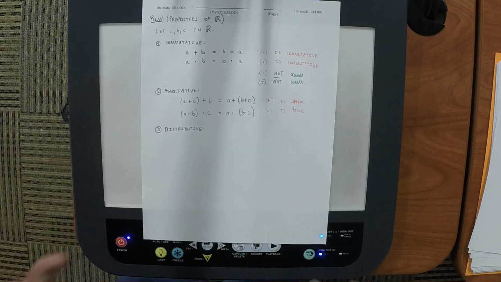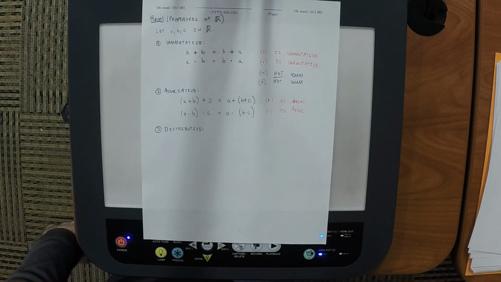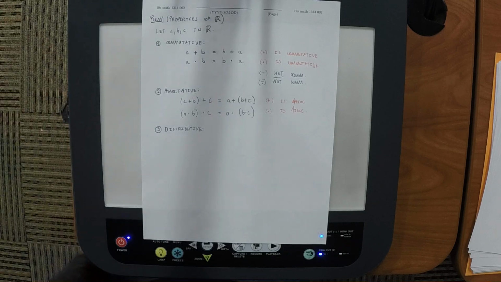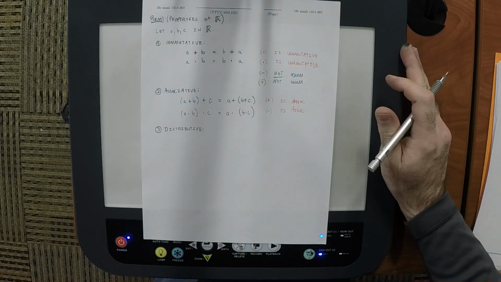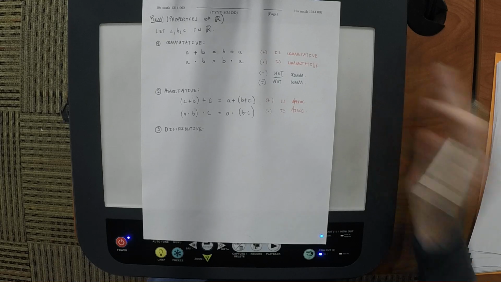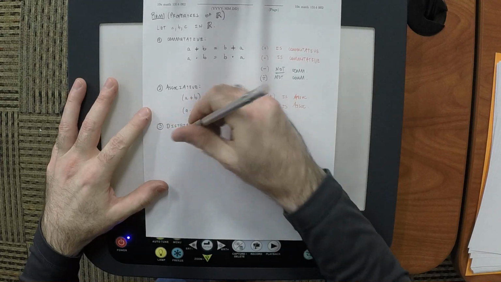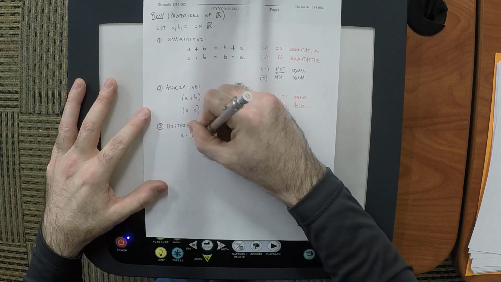The word distribute means to hand out, to give things. Like in a couple weeks I'm going to have to distribute a quiz to you. I'm going to have to hand a quiz to all of you.